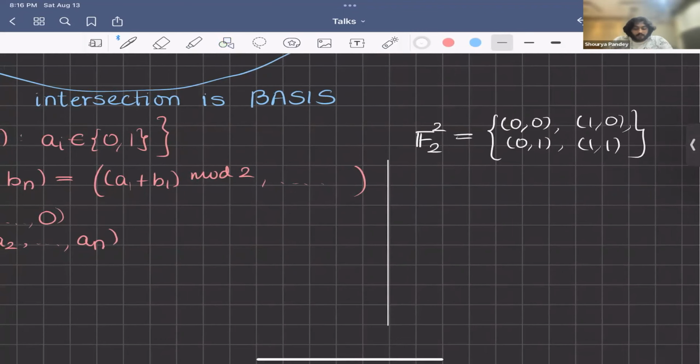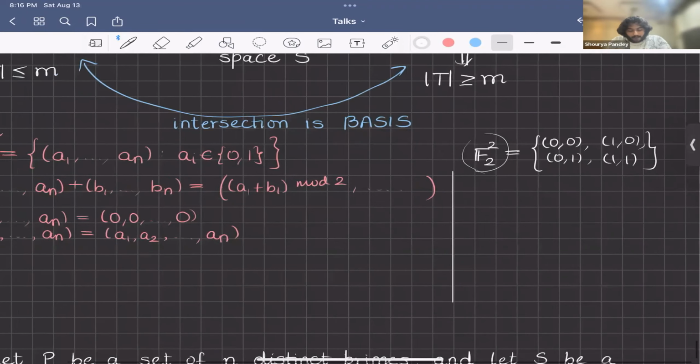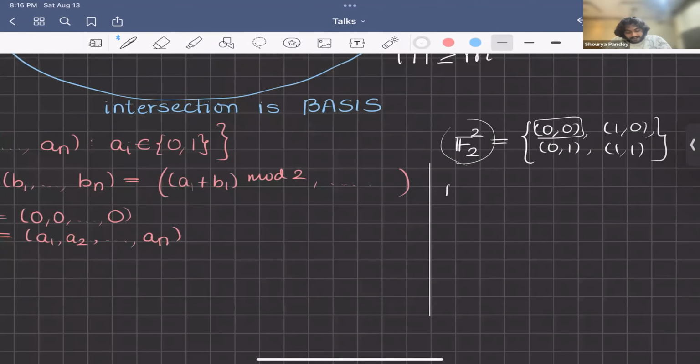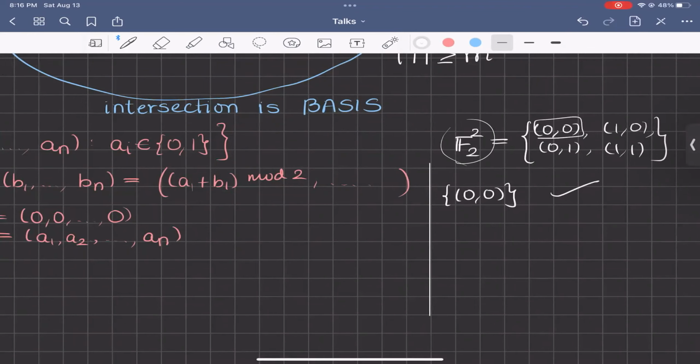Can you classify them? Well, definitely this itself is a vector space, and the set containing just 0,0 is a vector space. 1,0, 0,1. Well, no, but it misses 0,0, so that can't be.